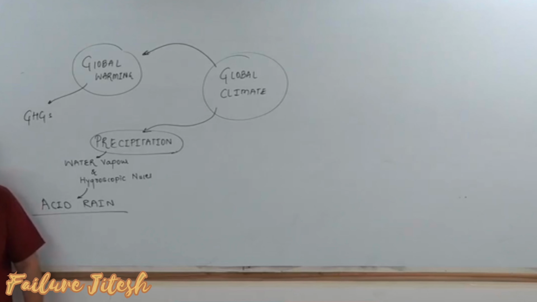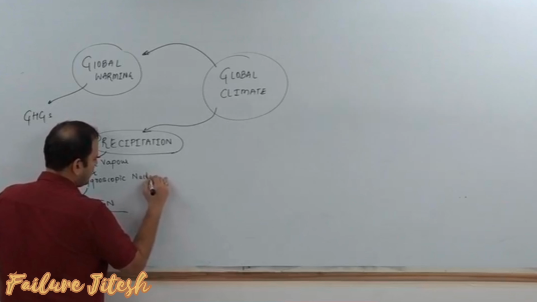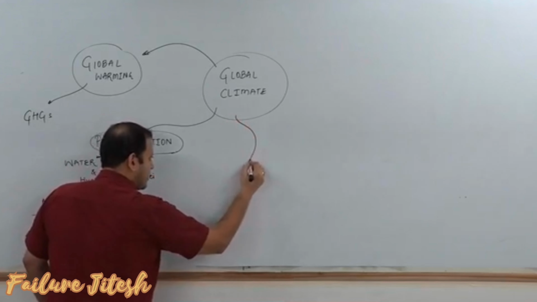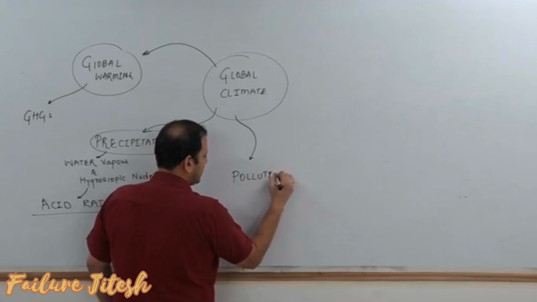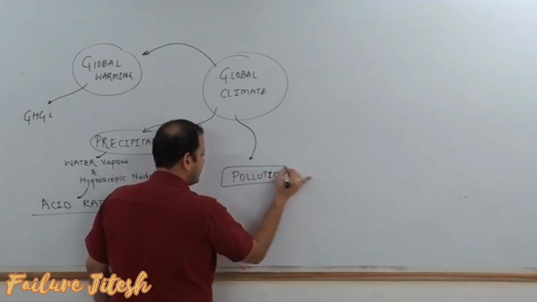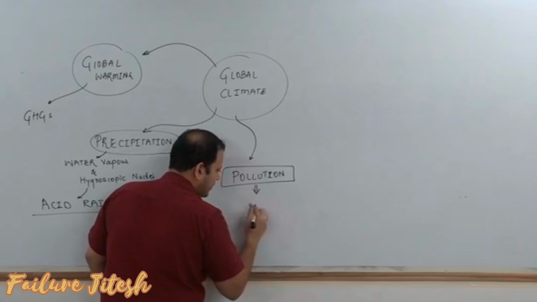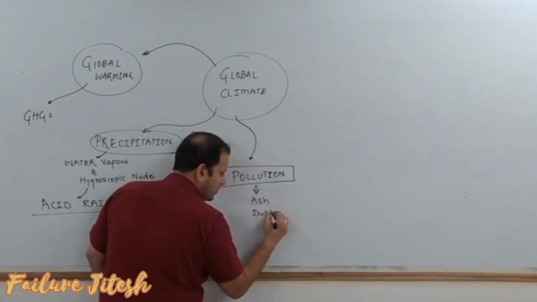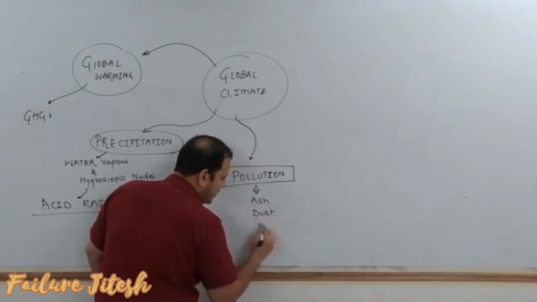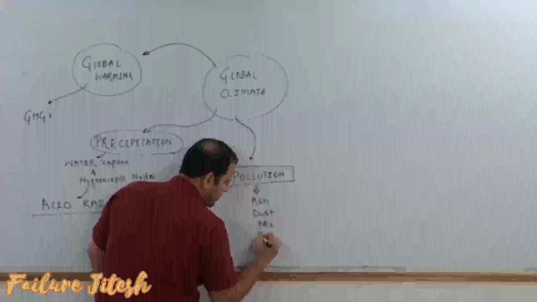Hygroscopic nuclei, that is cloud droplets. Have you mentioned pollution? Why pollution? Because of volcanic ash, dust, and the gases such as nitrous oxides and sulfur dioxide.